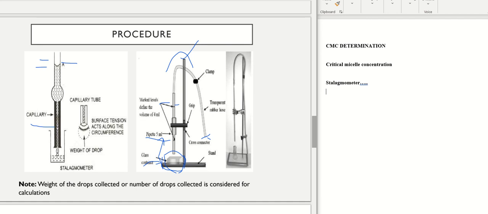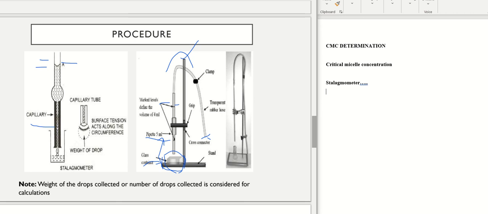It is really very important to note down the number of drops formed when the liquid is traveling from the upper mark to the lower mark. Count the number of drops formed. As this procedure is based upon the drop count method, we'll be counting the number of drops formed. If we are following the drop weight method, then we'll be considering the weight of the drops formed.